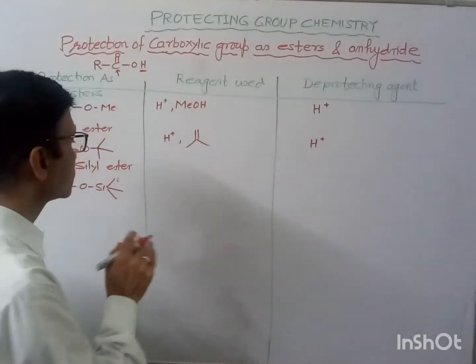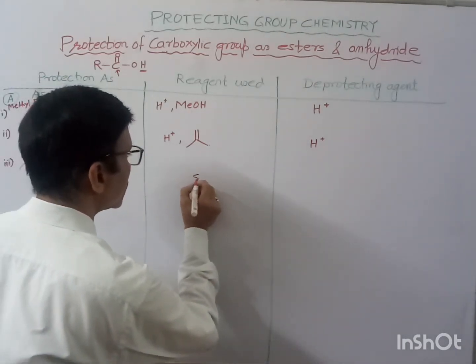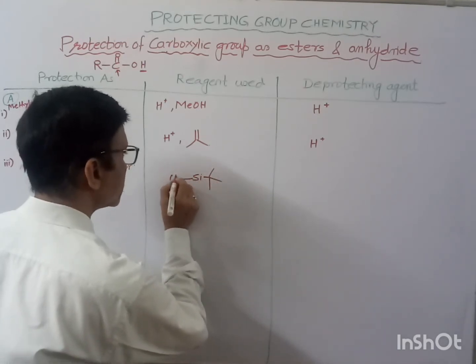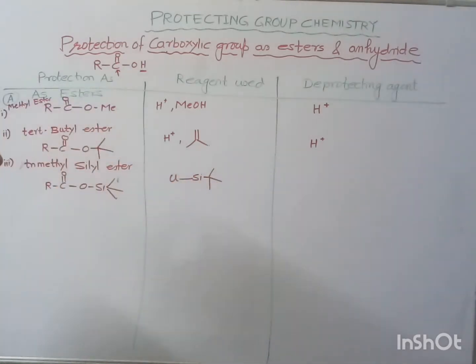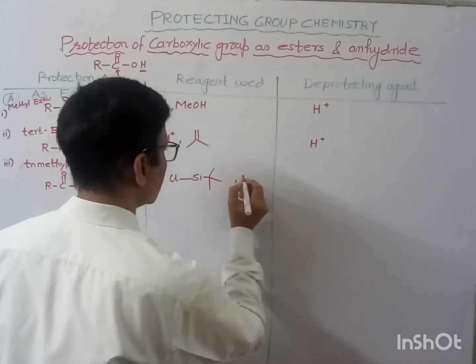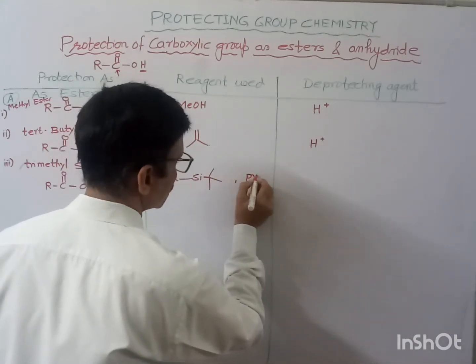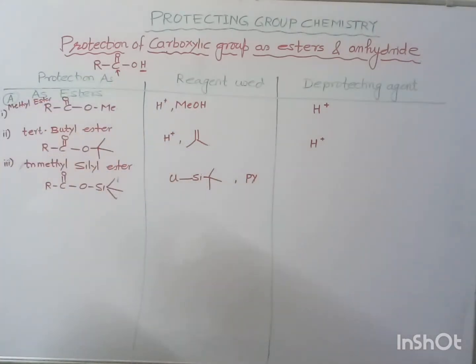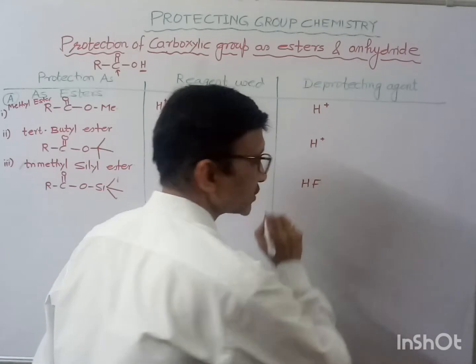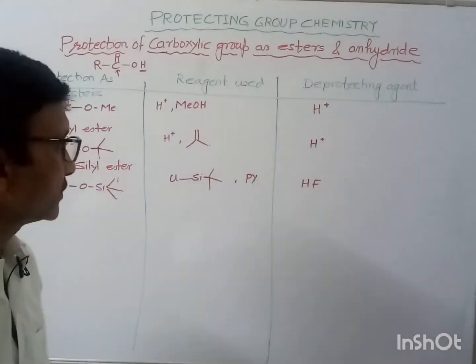We can use trimethylsilyl chloride as a reagent, and we may use some base, suppose in presence of pyridine. This can be deprotected in presence of some fluoride source. Suppose HF can be used for its deprotection.